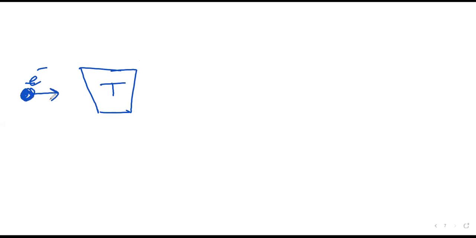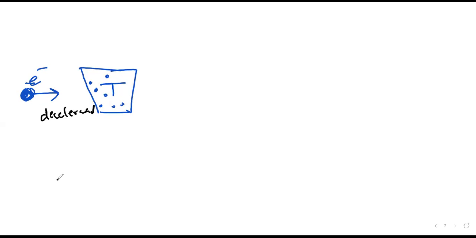When this electron is coming to strike the target, there is some repulsion to this electron due to the electrons already present in the target material. Is it not? And due to this, the electron is getting decelerated.